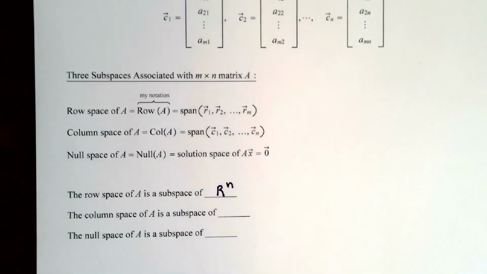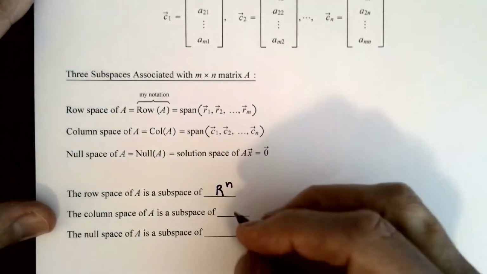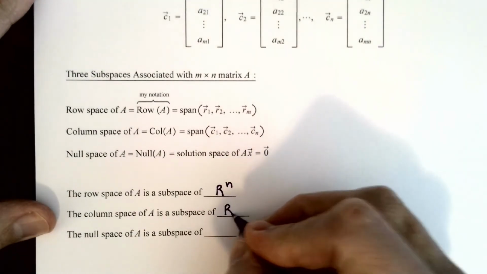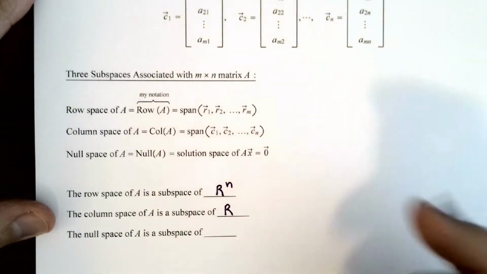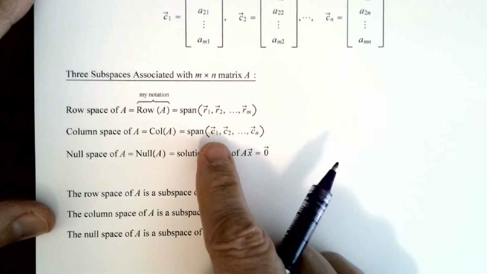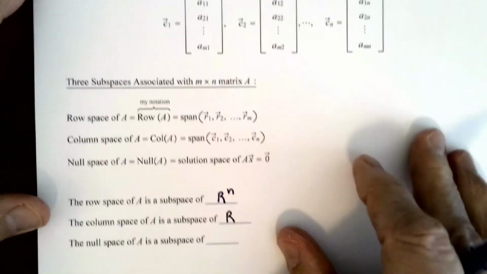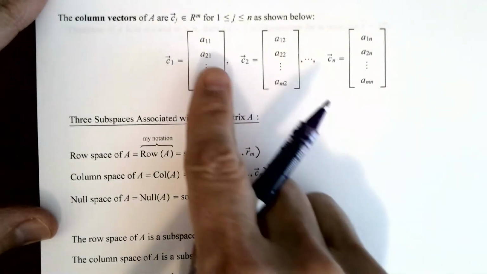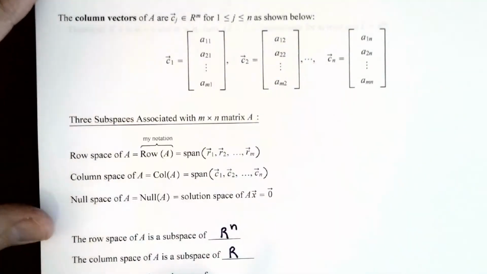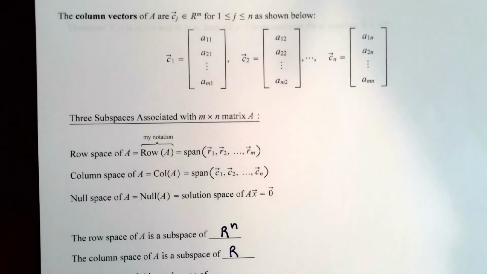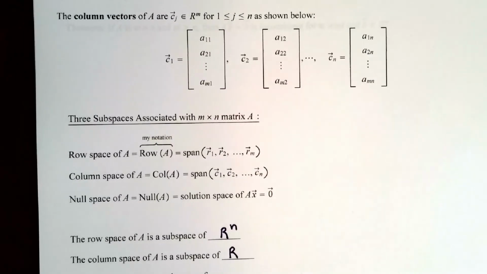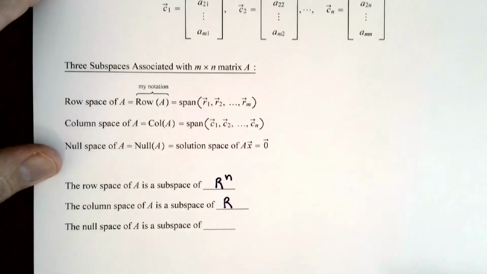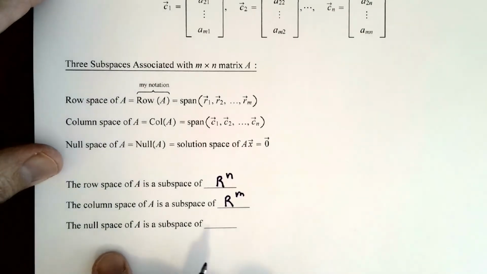What about the column space? It's a subspace of what vector space? Well, any vector in the column space of A is a linear combination of the columns of A. What type of objects are the columns of A? They are m tuples. They reside in m space. So the column space is a subspace of m space. What about the null space of a matrix?